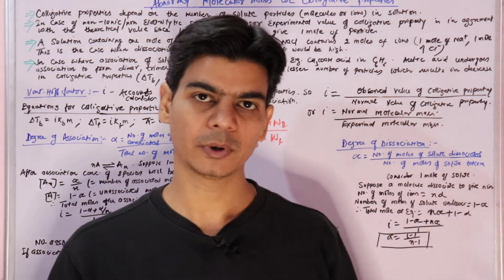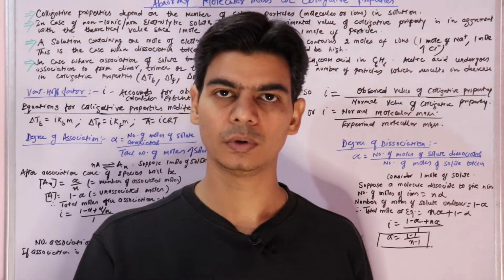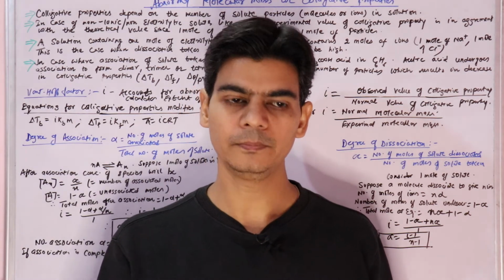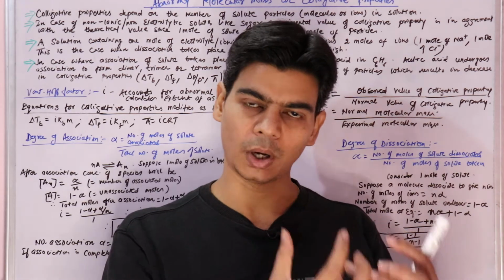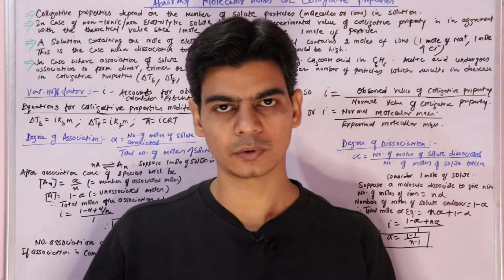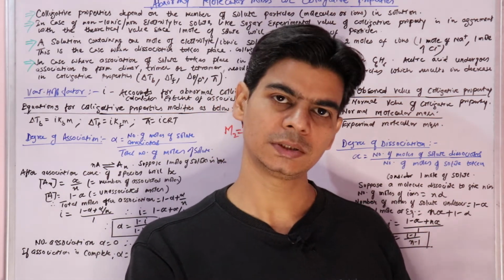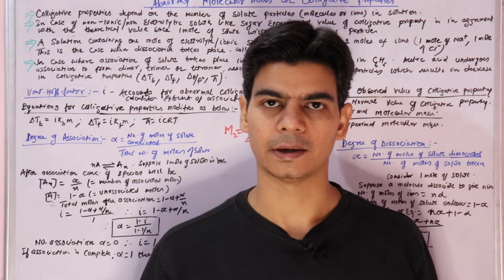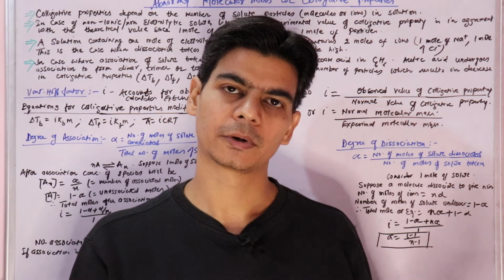In other words, 1 particle of sodium chloride will form 2 particles, 1 sodium ion and 1 chloride ion. We said that the colligative property depends on the number of particles.